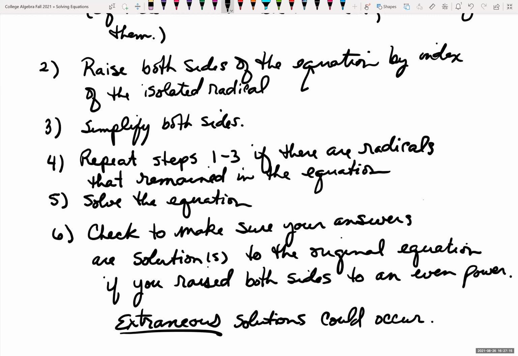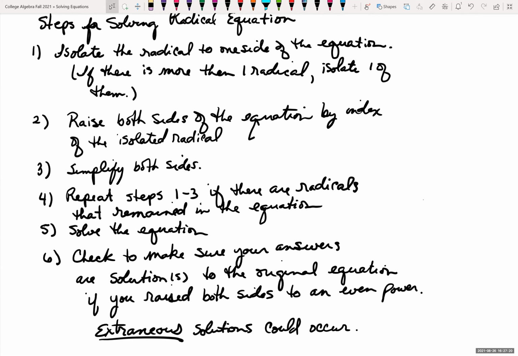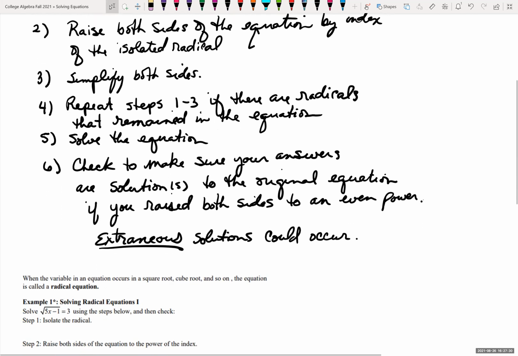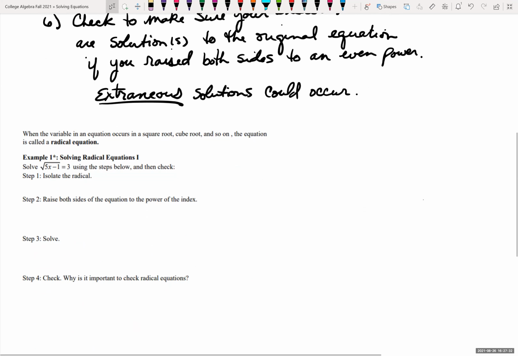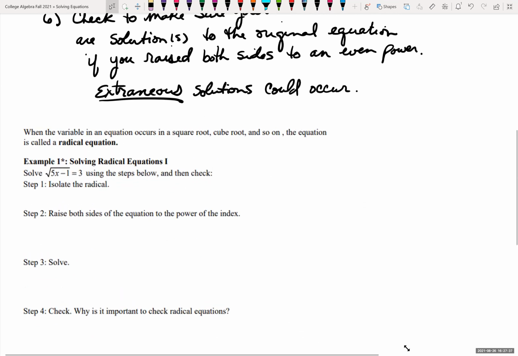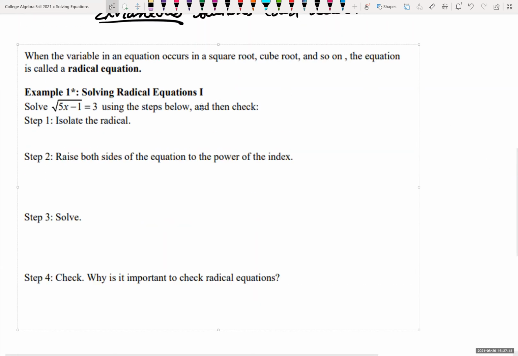Okay, so that's the process that we walk through every time we see an equation that has a radical in it. So let's look at an example. I pulled this from the in-class notes.